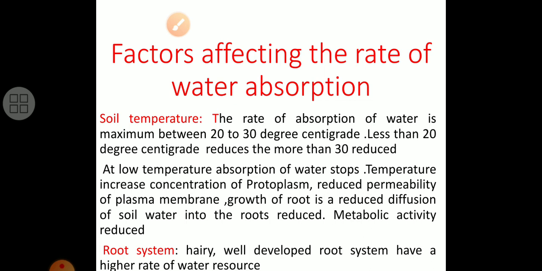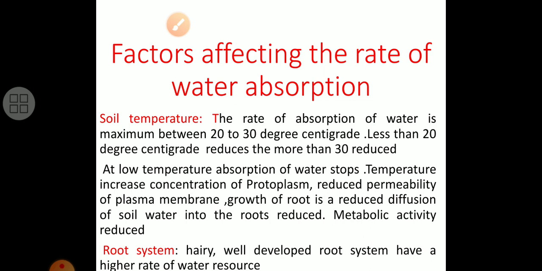Diffusion of soil water into the roots is reduced, and metabolic activity reduces. Keep in mind, because of these changes taking place in the root system or cells of the root, that is directly responsible for the decrease or stopping of the absorption of water.